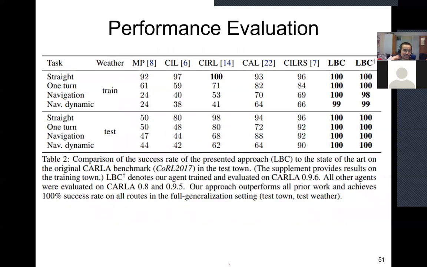The performance evaluation compared to the previous conditional imitation learning. This one I didn't discuss. Conditional affordance learning, conditional imitation learning enhanced. They have a better performance. So this group from Intel Labs and their collaborating universities, this series of work on imitation learning and their enhancements are representative.